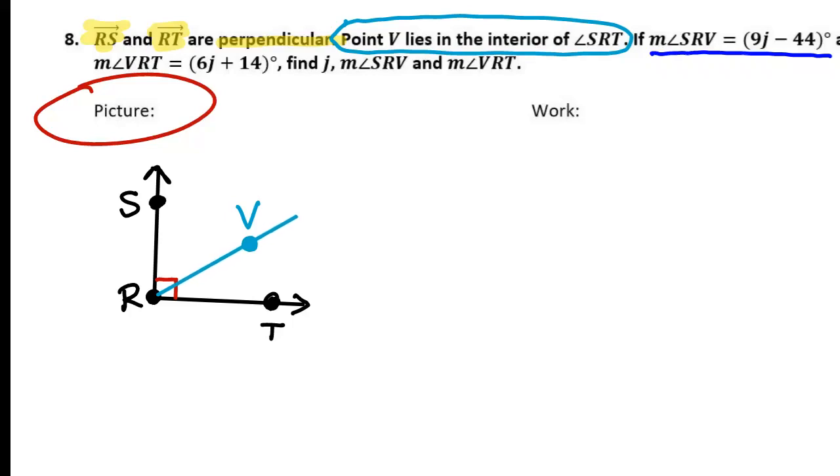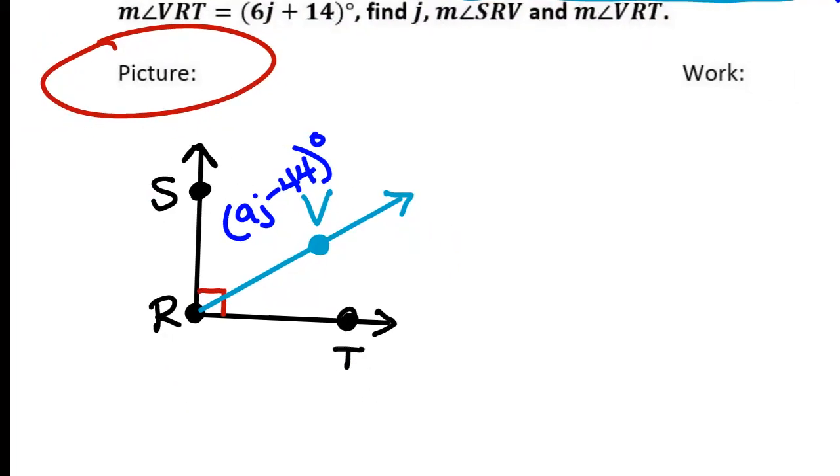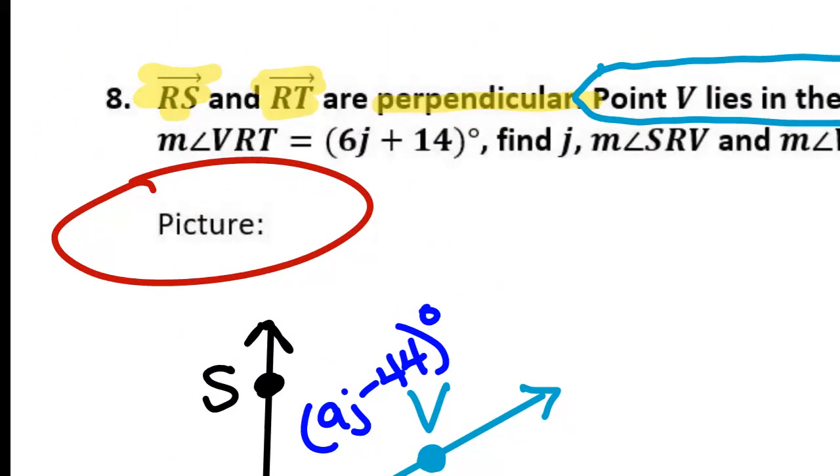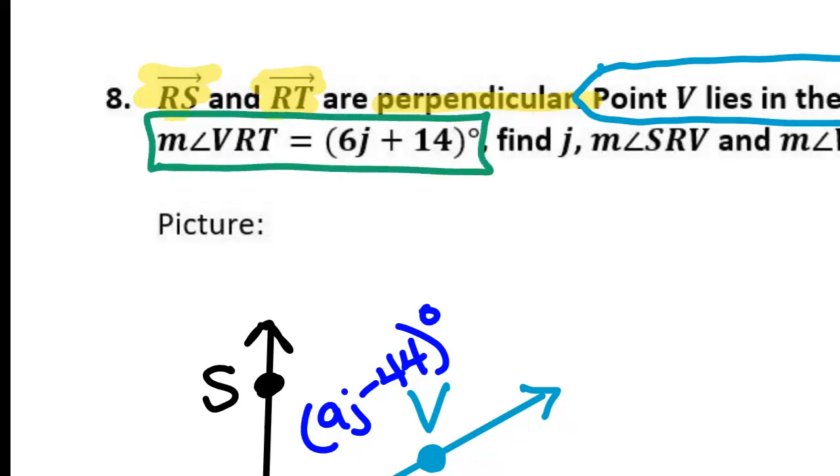I need to draw in this ray so that now I have angle SRV right here. The measure of angle SRV is 9J minus 44 degrees. And the measure of angle VRT is 6J plus 14 degrees.